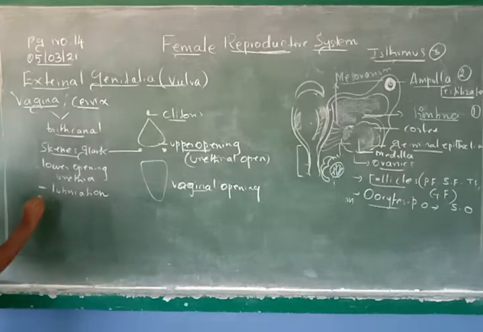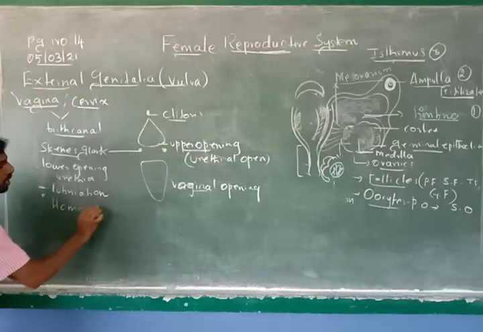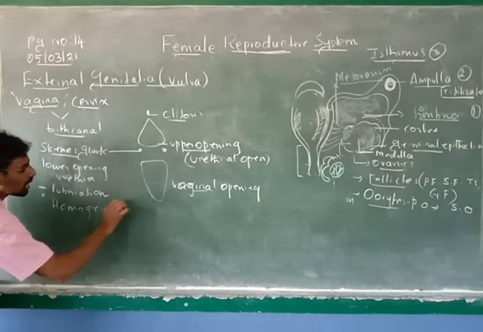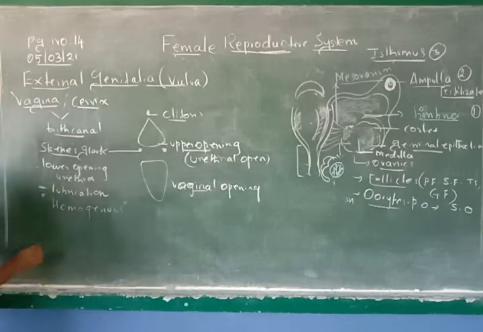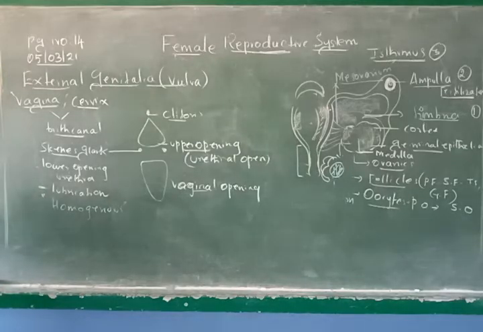And this gland is otherwise called homologous. Homologous means the same as the glands present in the male. What are the glands that we concentrated on in male? Seminal vesicle, Cowper's gland and prostate gland.